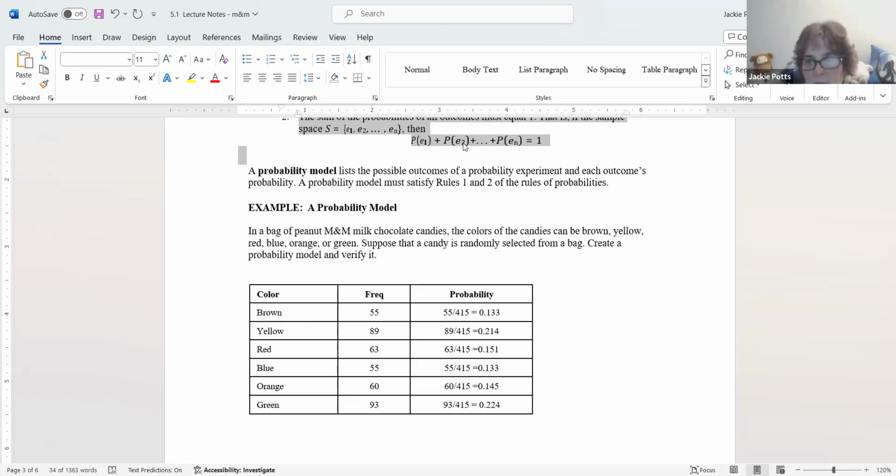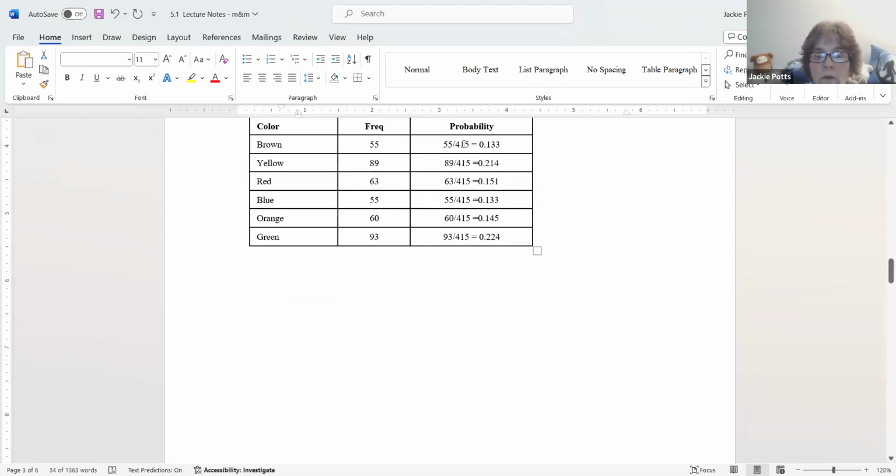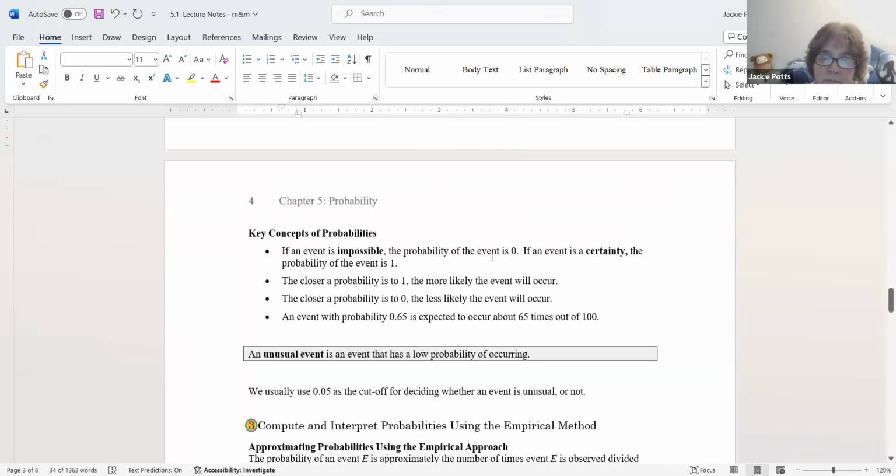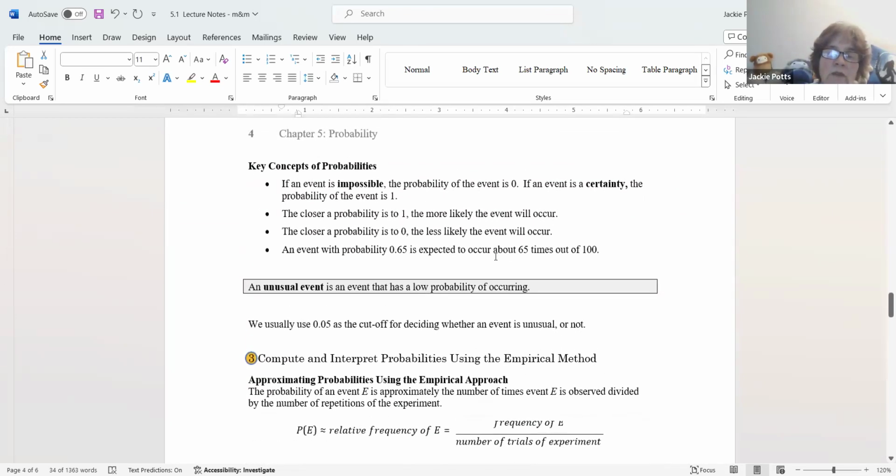We don't write the E. We write the verbiage of what the probability is, right? So that is a probability table. You see what happens when it doesn't equal 1: we have to budge it down. All right. Key concepts.